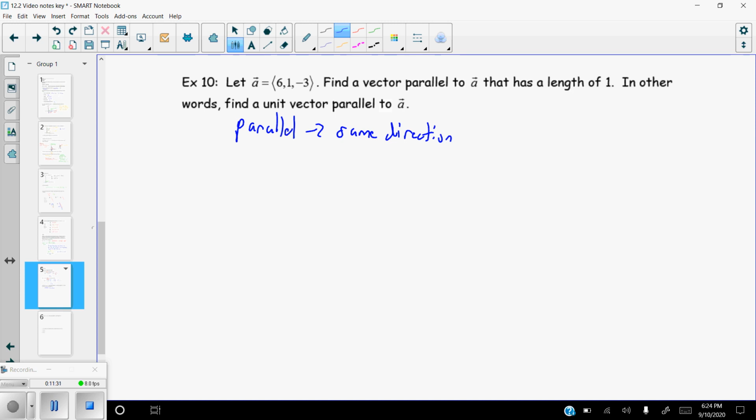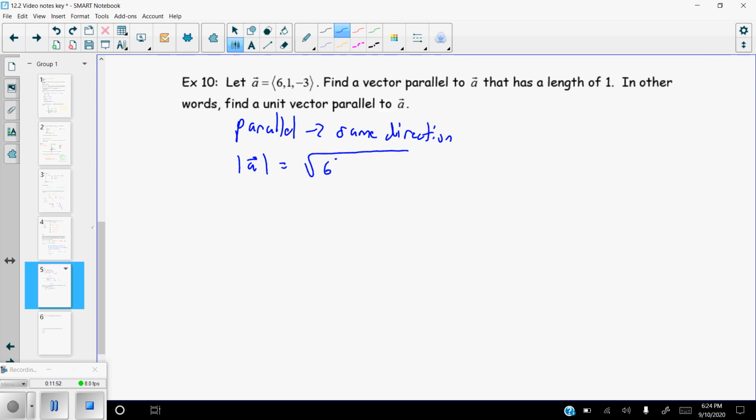Its angle with the x-axis must be identical. And then if I want to find a unit vector, the first thing I need to do is find the magnitude of the original vector. If it's already a unit vector, then we're good. But this is not going to be a unit vector.